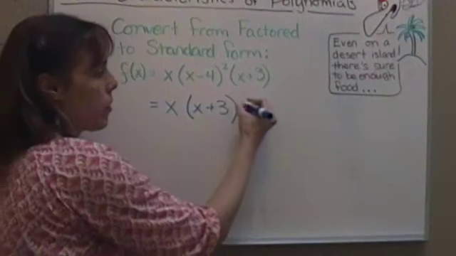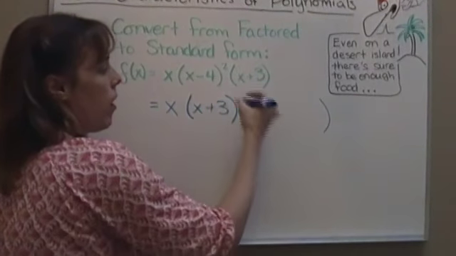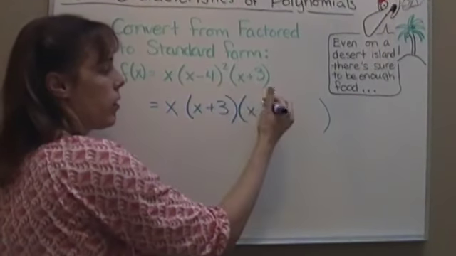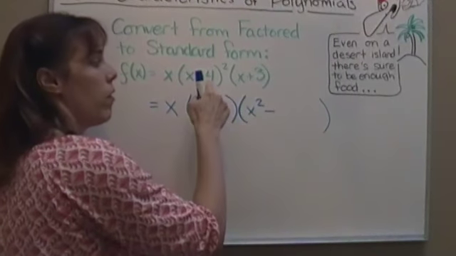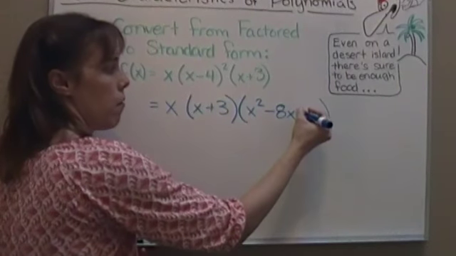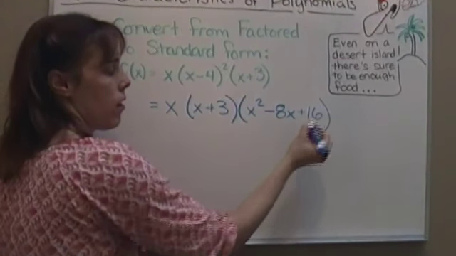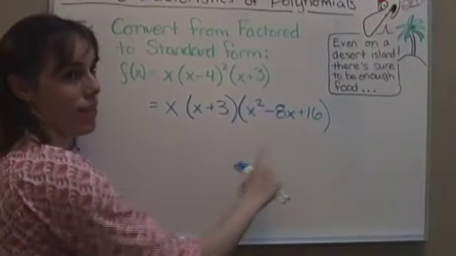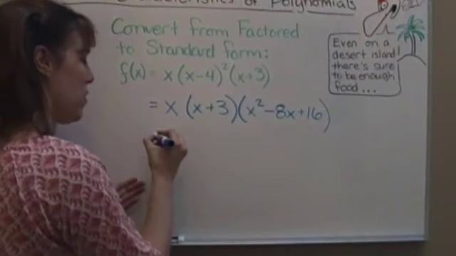Alright, leaving me x plus 3. This one, x squared minus 4x, and 4x is 8x plus 16. Okay, now I distribute slowly and painfully.